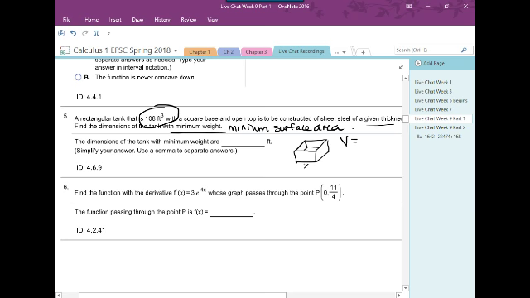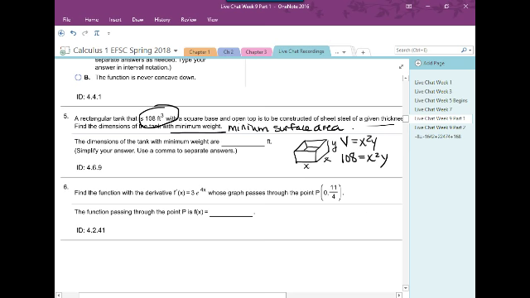Well, since the base is a square, if I let each of the sides of the base have the length x and maybe the height be y, then the volume is going to be length times width times height. So it's going to be x squared times y. So what they're telling me is there's a relationship between x and y. Specifically, 108, the volume, equals x squared times y.